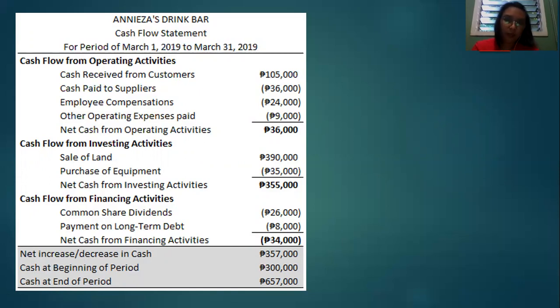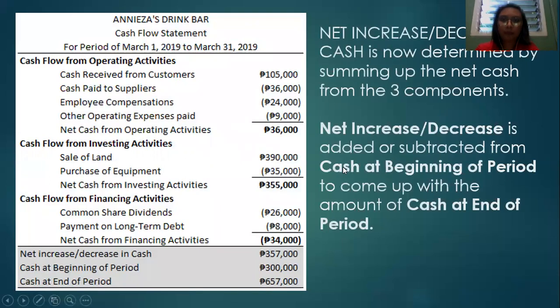And cash at beginning of period is usually given. And then you have to sum it up or find out the difference in order for you to get the cash at the end of the period. Okay. Net increase or decrease in cash is now determined by summing up the net cash from three components, just like the one I told you earlier.